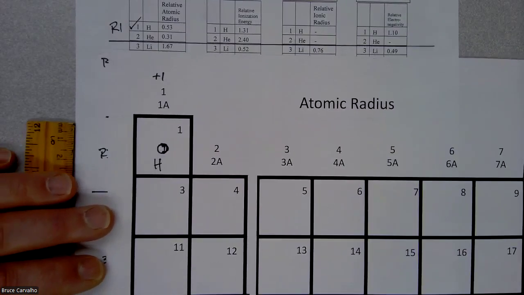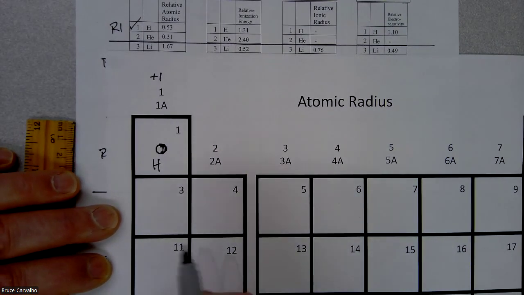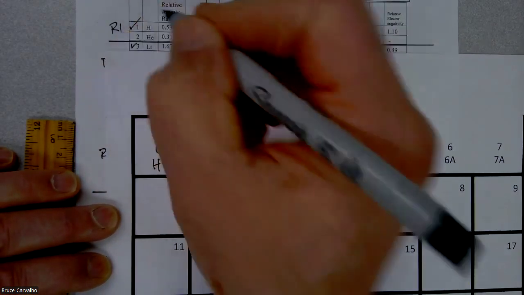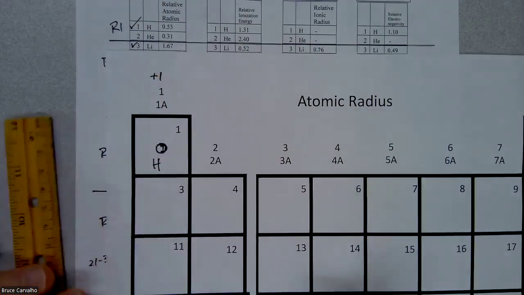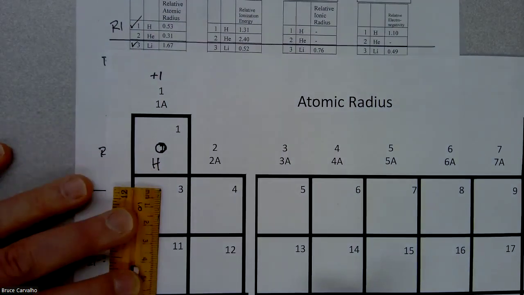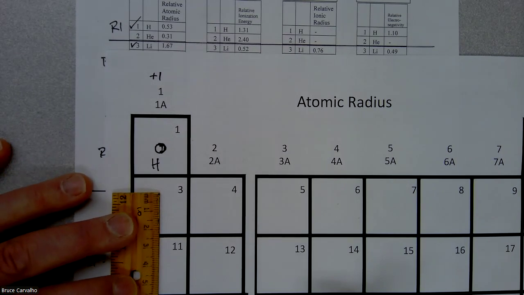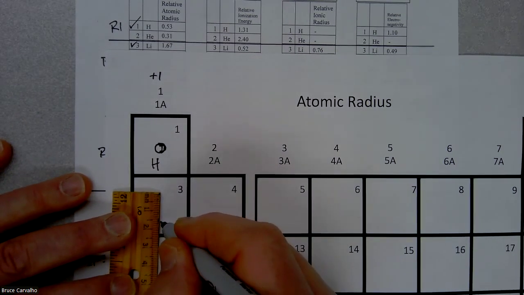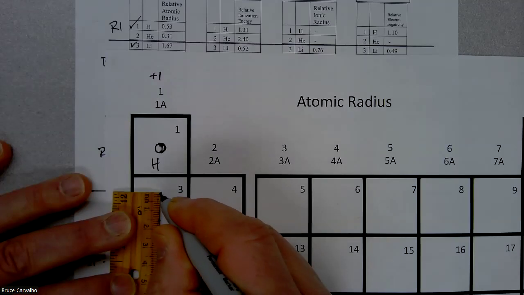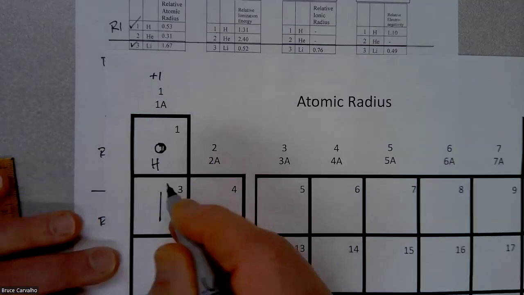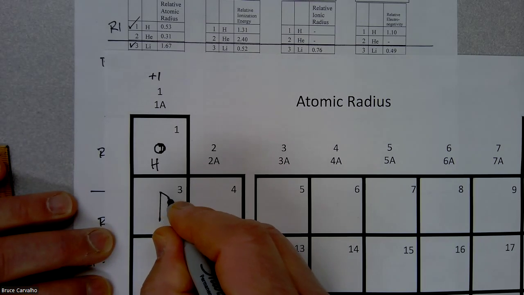All right, then I'm going to drop down to number 3, which is lithium, 1.67. So I'll take my ruler and center it in the middle. And 1.67, there's the point. There's the 1. This helps me see about how big my circle should be.